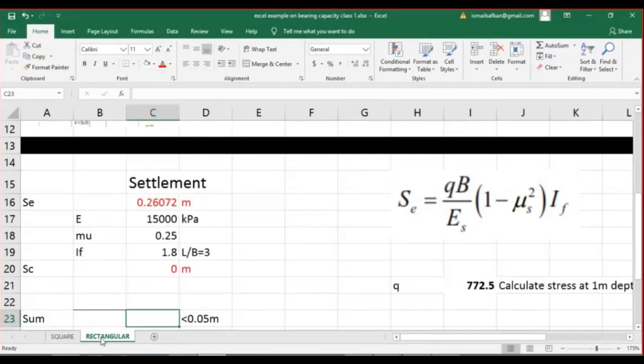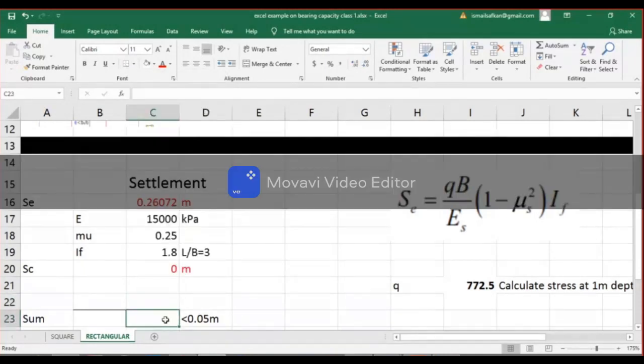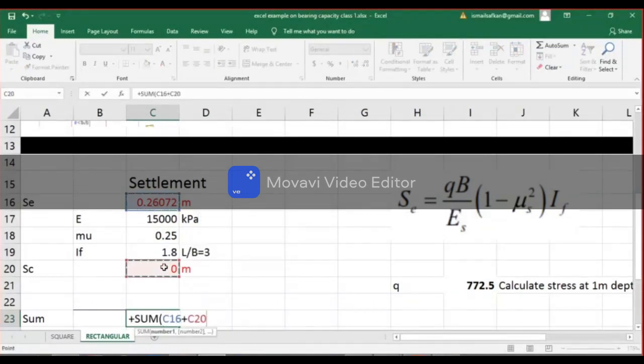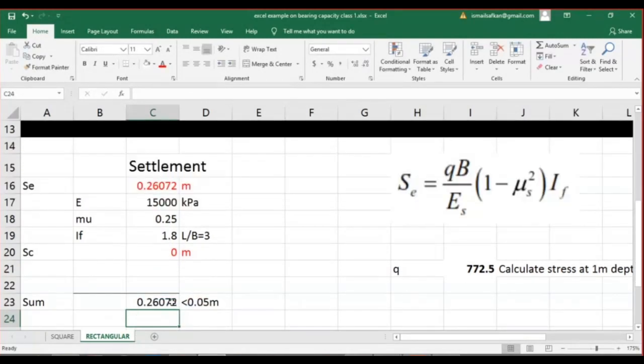Let me formulate here so that you will understand what I mean. Sum, this plus that. So it doesn't satisfy my condition, as you see.